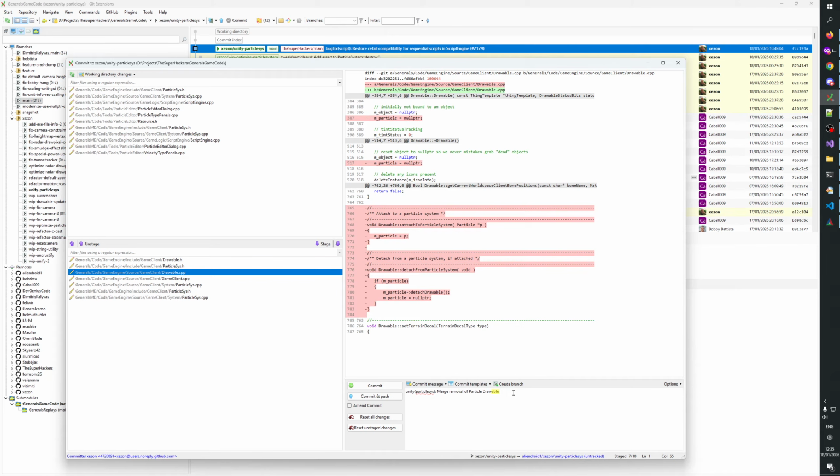Particle drawable attachments to generals.